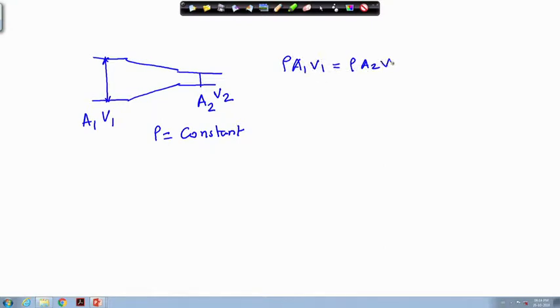rho A2 V2, and therefore, what immediately comes out is V2 equals A1 by A2, sorry, this is A1 into V1 divided by A2. Now, from the geometry, since A1 is greater than A2, therefore V2 is greater than V1, or you have an acceleration of the fluid element, though we have mentioned it is a steady state flow.